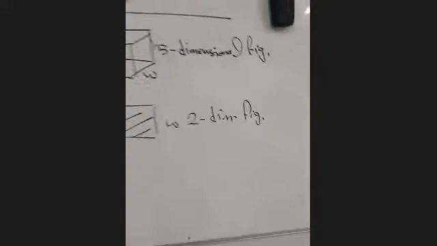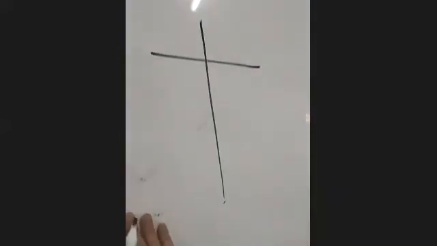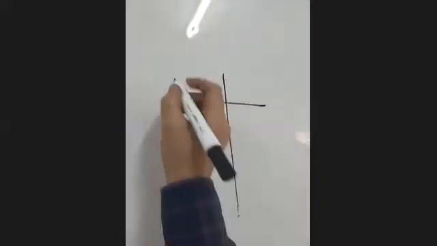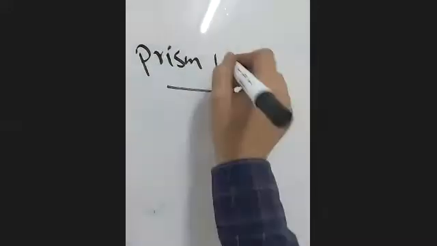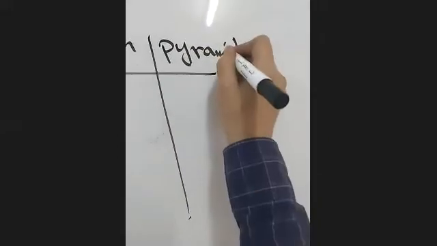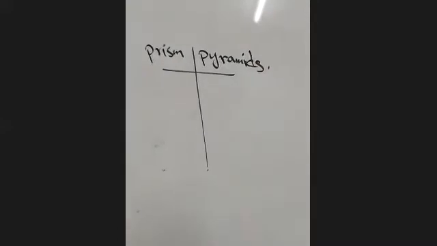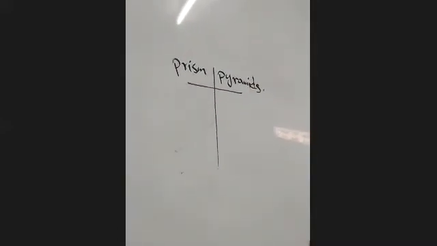Now let's remember, guys, we have 2 types of 3-dimensional figures: prisms and pyramids. And if we have students from Egypt here, you know what pyramids mean very well. In Giza, they have one, not one, I think three.